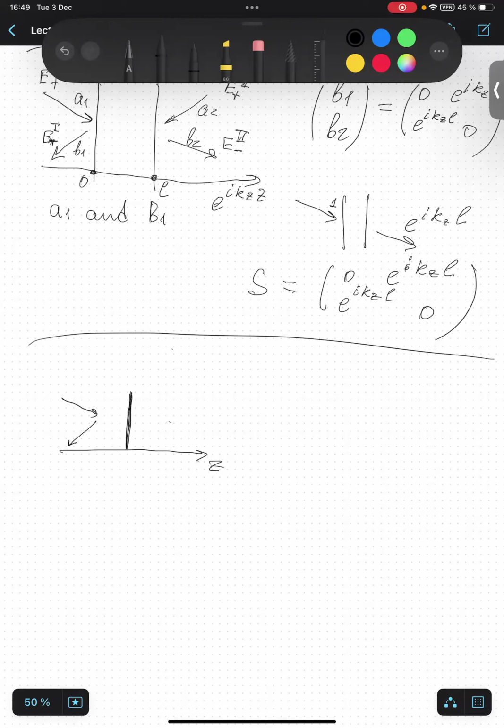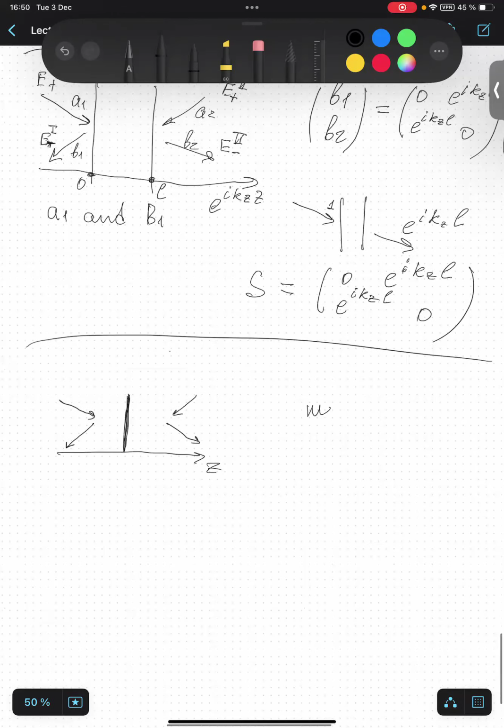And here also we might have this situation. So we have reflection coefficient R. And we can choose the plane, this plane, at which we will observe our fields in such a way that B1 will be equal to minus R A1.